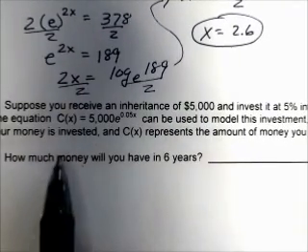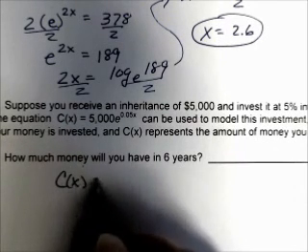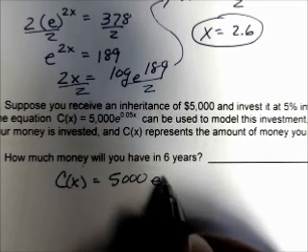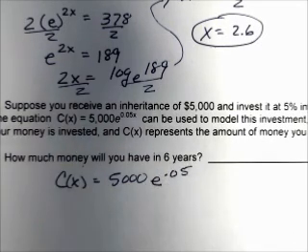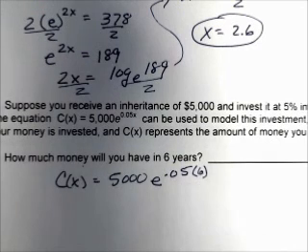All right, so we're taking our equation here, C of x is equal to 5,000 e to the 0.05x. So we're substituting 6 in for x. So we're actually finding the investment value after 6 years.